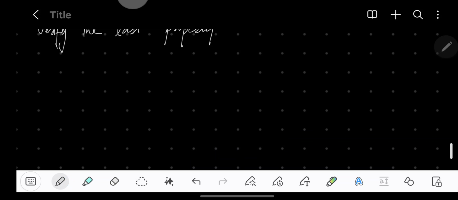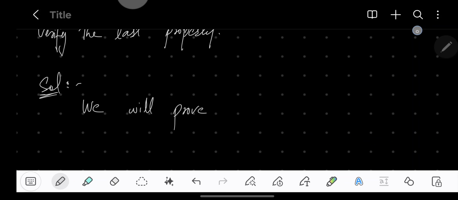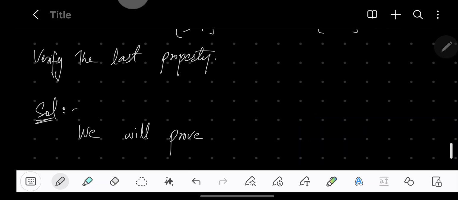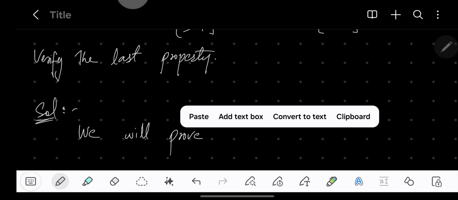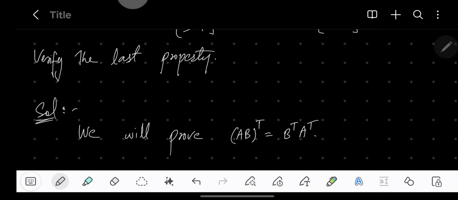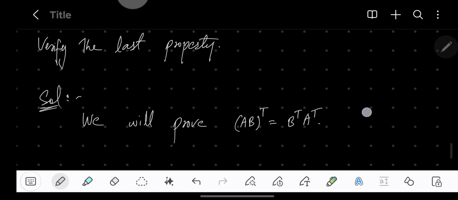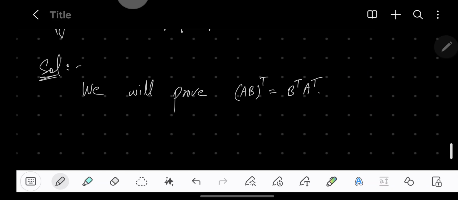Okay, so in the solution, we will prove the last property that (A times B) whole transpose is B transpose times A transpose. So in order to prove this, we will first compute the left hand side and then we will compute the right hand side.